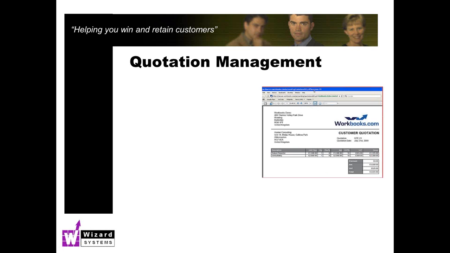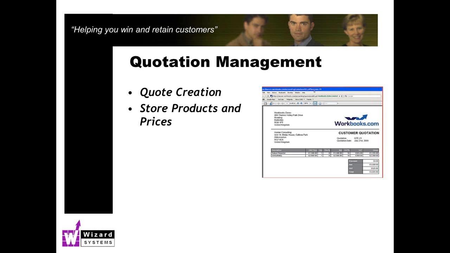Now, this is the bit that many other systems don't do, sales quotations. If this isn't relevant for any reason, if you don't want to do sales quotes in Workbooks, it doesn't matter. You can just disable this from people's screens so it doesn't confuse you. But it's a nice simple way of creating a quote, managing the whole quote process from start to finish. We can store your price list in Workbooks.